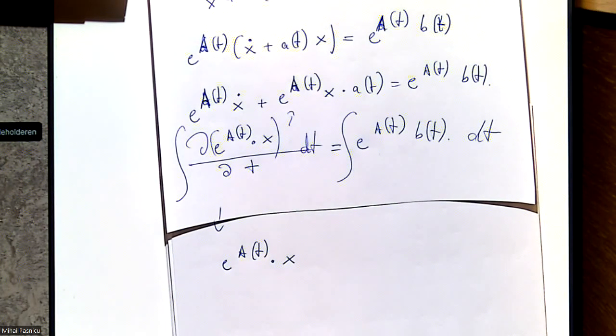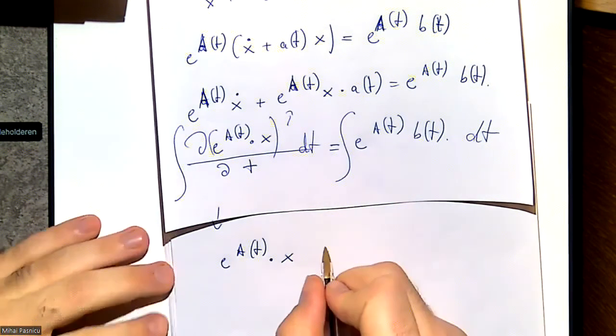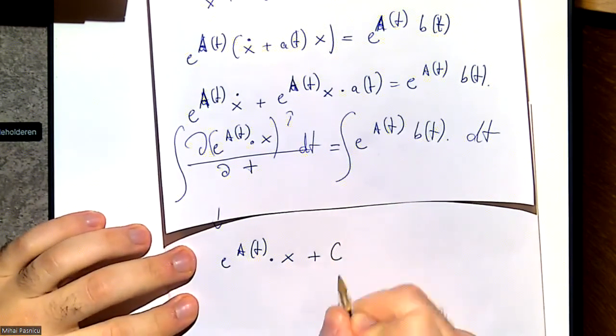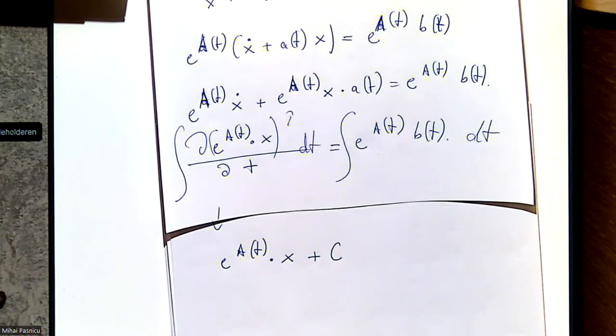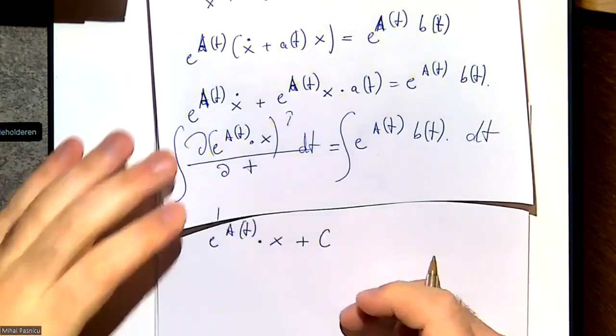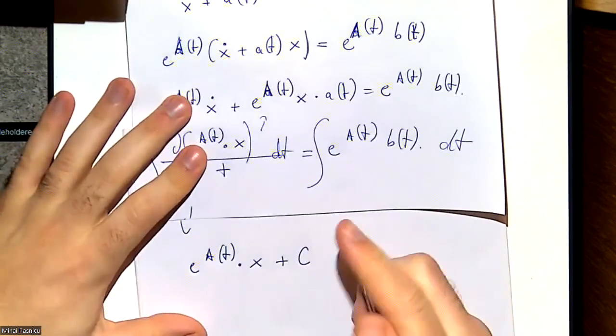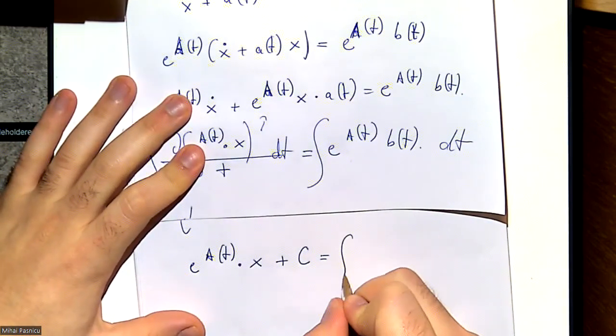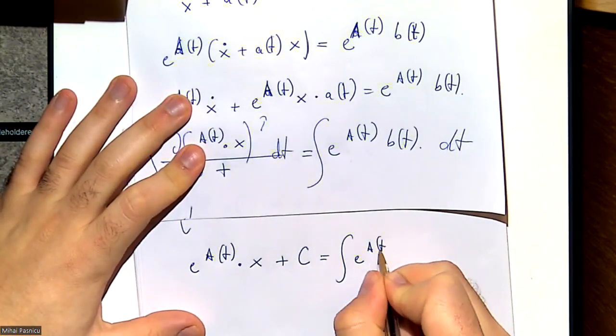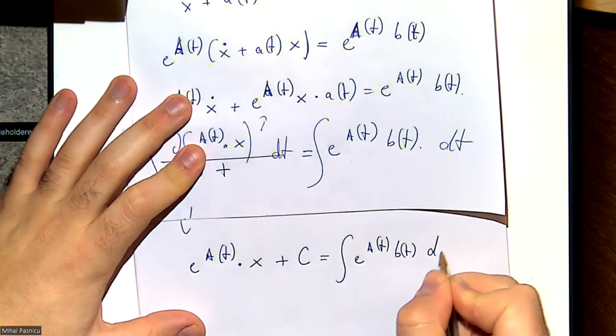And here's something that some people might forget: what else do we have here? A constant. This is where the constants actually come into play and they partially matter. Plus a constant is equal to the integral of e to the A(t) b(t) dt.